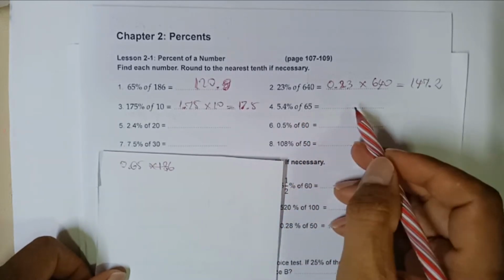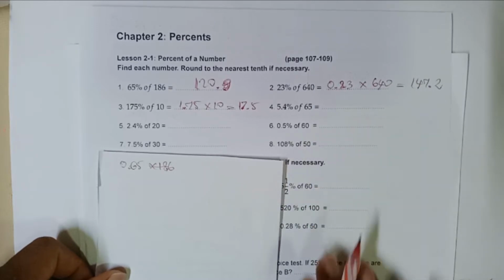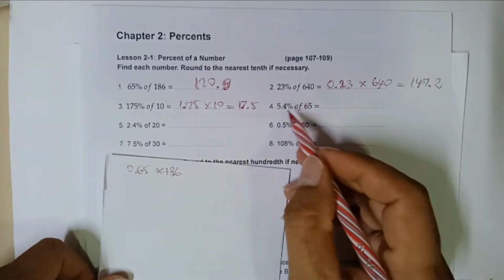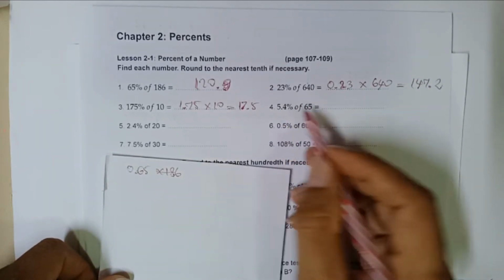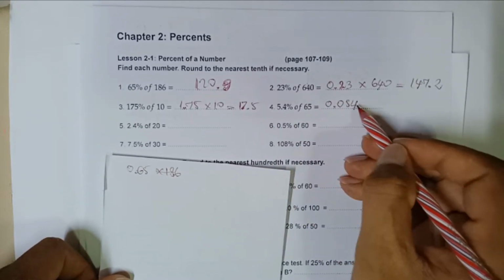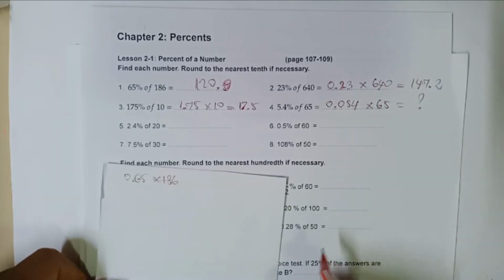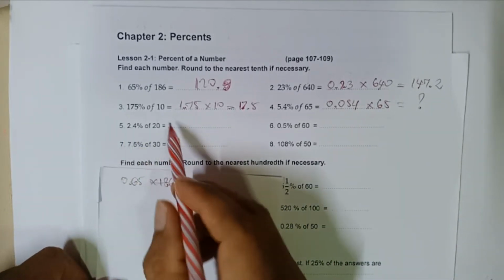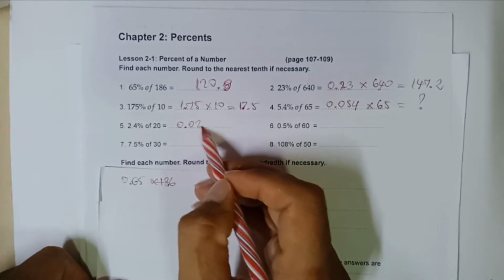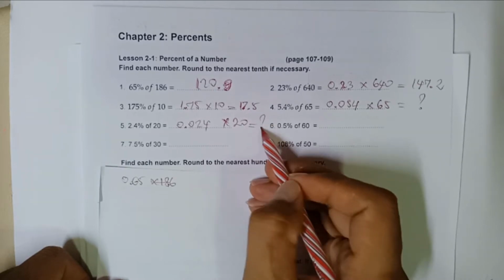Let me write all of this in percent form with the number first, and you can spend time to multiply this by yourself. Convert this into decimal, you have 0.054, and you multiply by 65. Spend time to do this one and multiply to get your answer. This is for number 5. You have 0.024 multiplied by 20, and you find your answer.